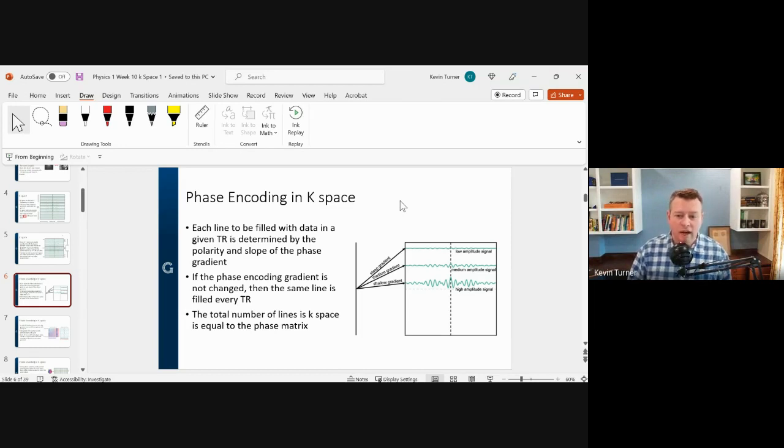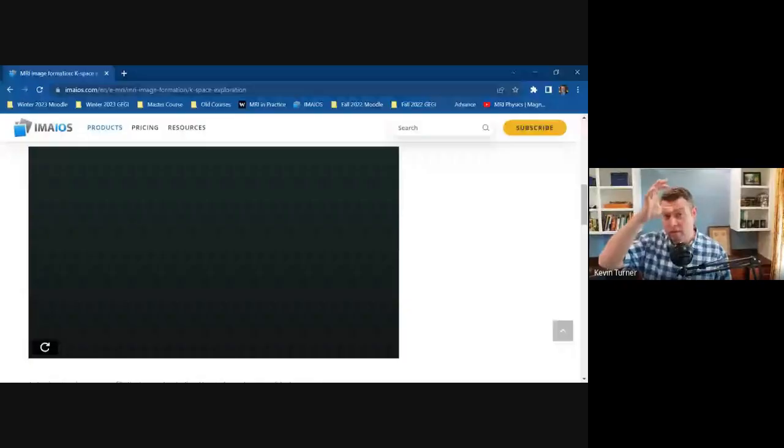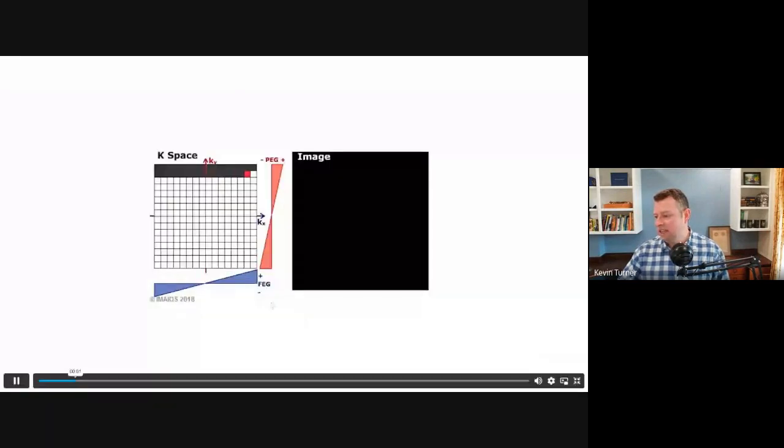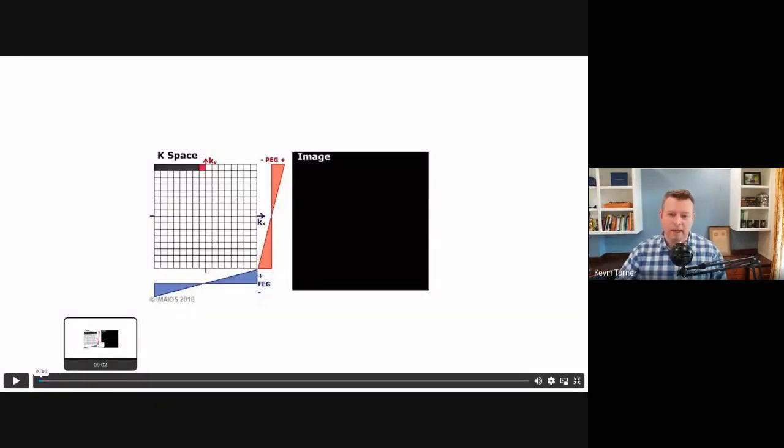The phase encoding gradient changes its strength every time we collect a new echo. The frequency encoding is always the same. We don't change the strength of the frequency encoding. Every single echo is collected with the same amount of frequency encoding, so we have the same number of data points.